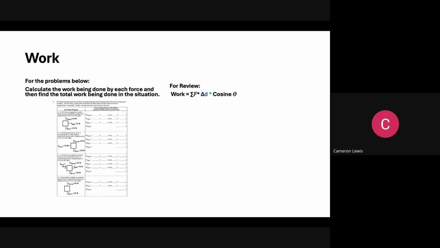Okay. My second group, did we get anything for C? Anna, do you have anything for C?